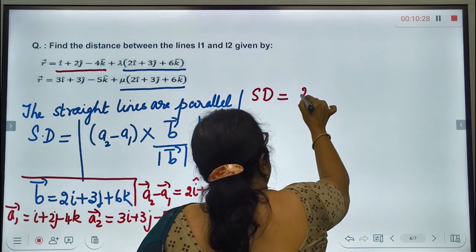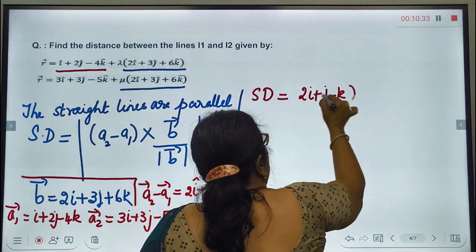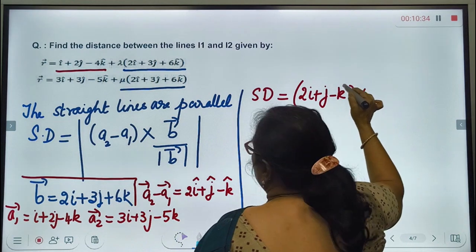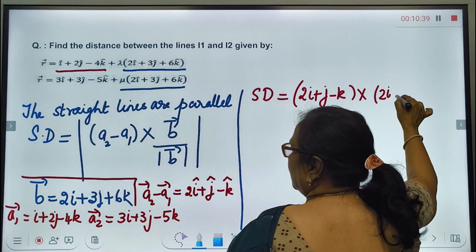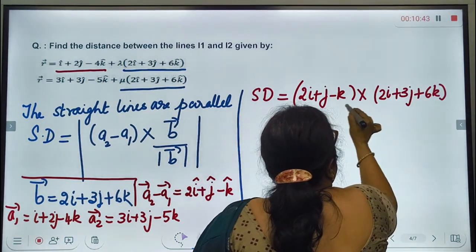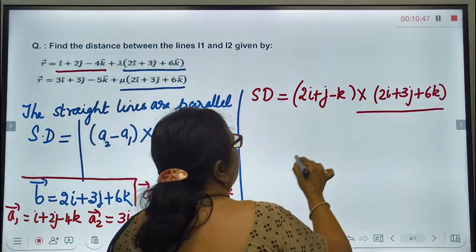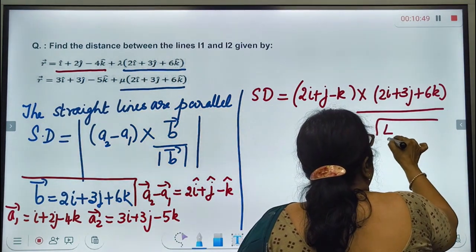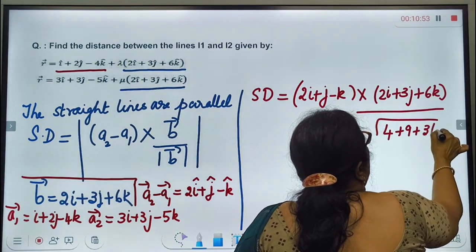It is a2 minus a1, 2i plus j minus k, cross b vector, which is 2i plus 3j plus 6k, divided by the modulus of b vector. What is the modulus of b vector? Root of 4 plus 9 plus 36.